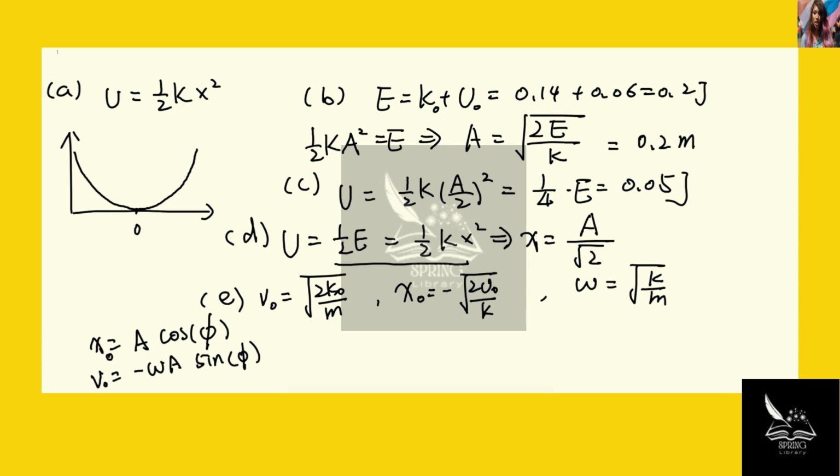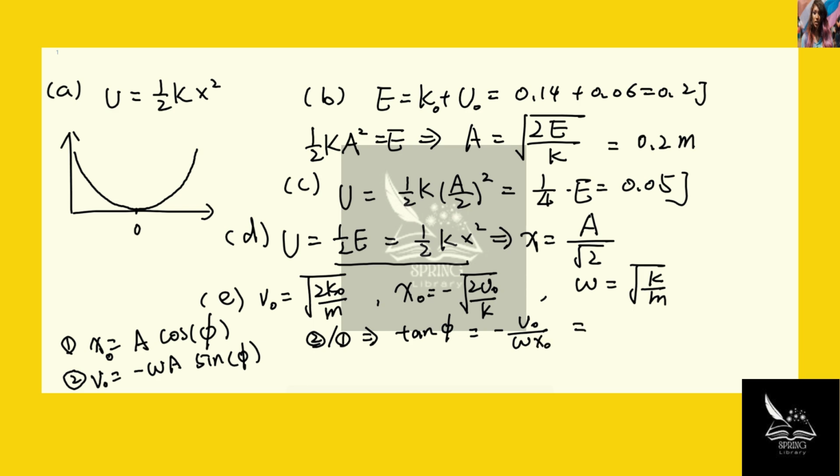Right? So now, this is equation 1, this is equation 2. We use equation 2 divided by equation 1. So we have tangent phi equal to negative v naught over omega x naught.